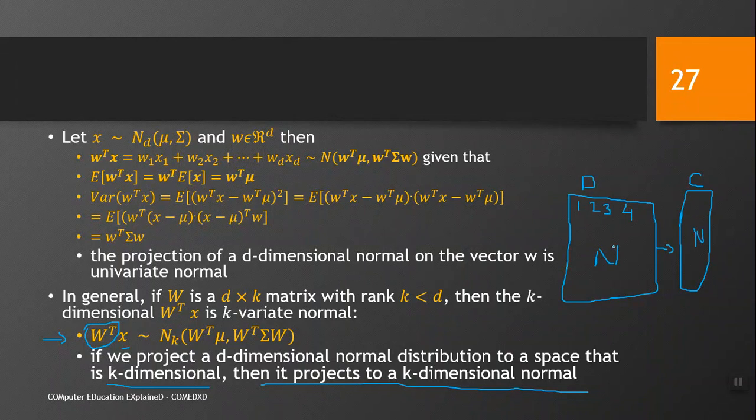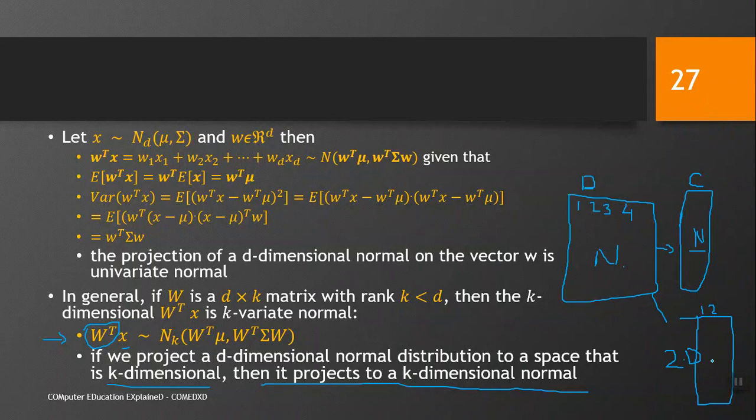It's a d-dimensional normal, it would be univariate normal. However, if this is projected to some k dimensions which is less than d, in other words, we are reducing the dimension, let's say that d is 4 and we want to project it into 2 dimensions, then this would be 2-dimensional normal. This is n-dimensional normal, this would be 2-dimensional normal.